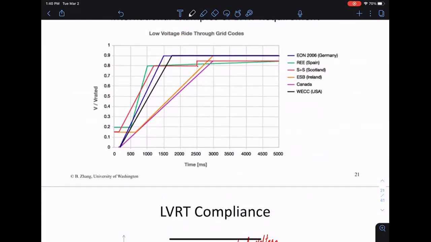That's a requirement. It says the worst case will not be so bad that you're below 0.85 per unit after 2.5 seconds. This is what they believe of their system. They say our voltage can recover after this much time to 0.85 per unit.